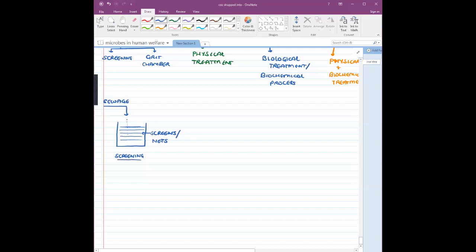So guys, when you are using this screening process, all the larger particles, the major suspended particles, or the floating materials, some coarse particles or heavy particles, all these are going to be removed.